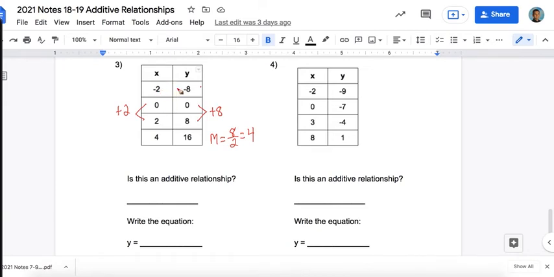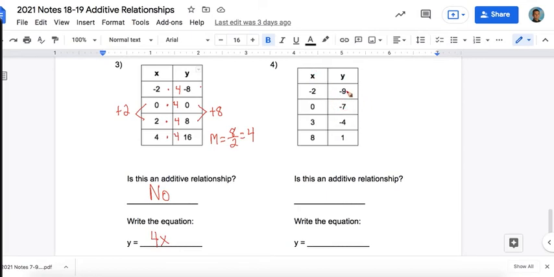So is negative 2 times 4 negative 8? Yes, it is. Is 0 times 4 0? Yes, it is. Is 2 times 4 8? Yes, it is. And is 4 times 4 16? Yes, it is. So we're multiplying each time, so this is not an additive relationship. And since we're multiplying by 4, the rule is 4 times x. So y equals 4x.